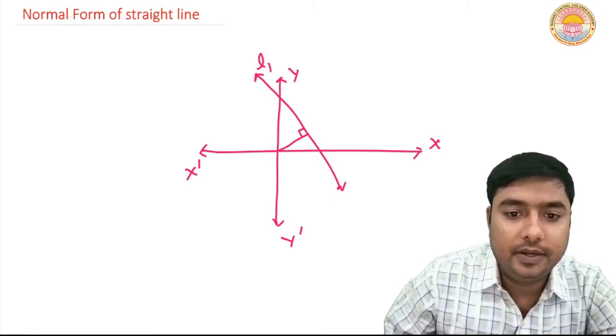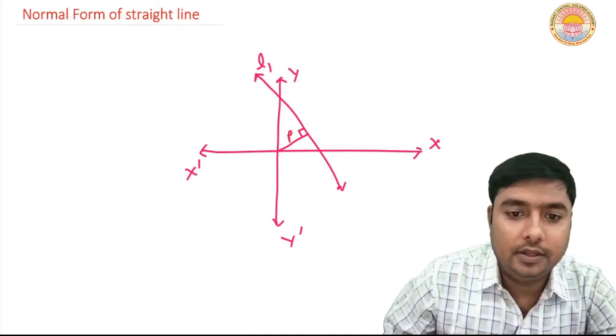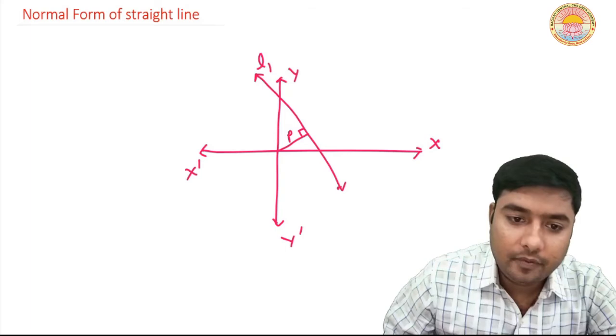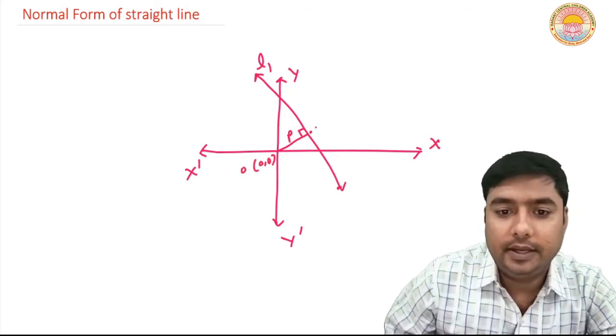This is perpendicular, so this length is called P. This is the perpendicular length from the origin, whose coordinate is 0, 0, and this point is M.